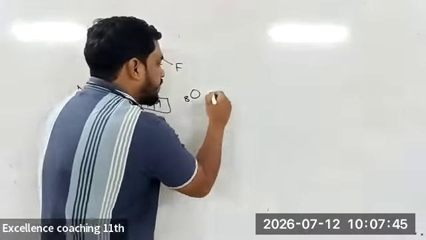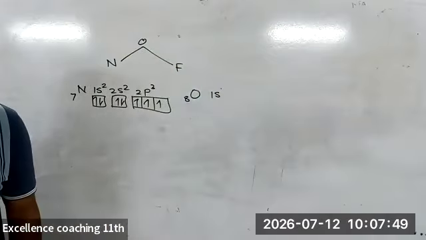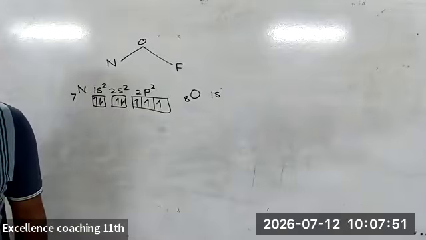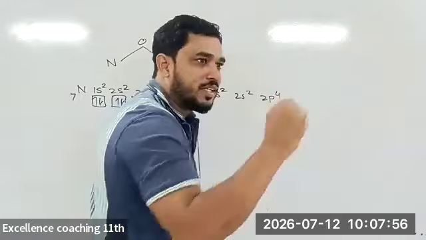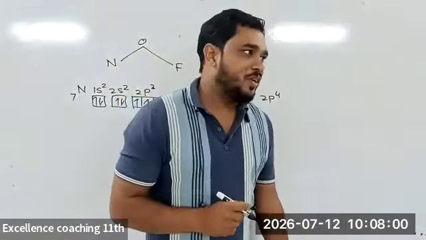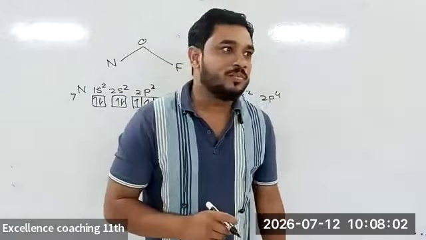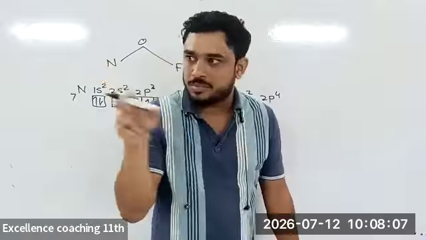Oxygen atomic number is 8. Electronic configuration of oxygen: 1s2, 2s2 and 2p4. Very good. In exams, they ask for the electronic configuration, and it can be sodium, sulfur, oxygen. Your teachers will ask in some schools.